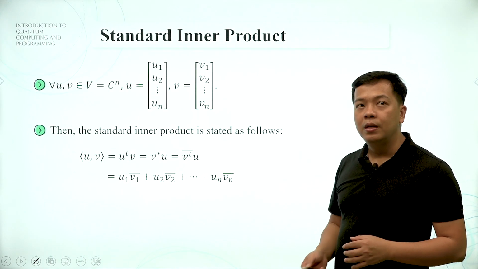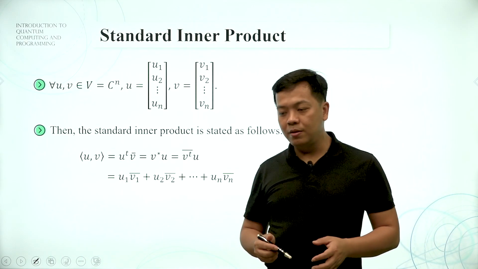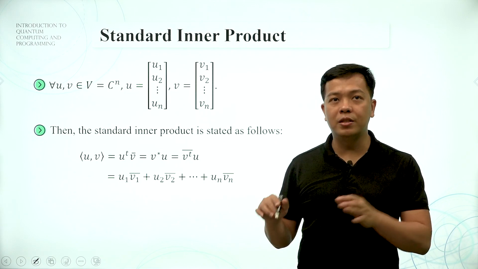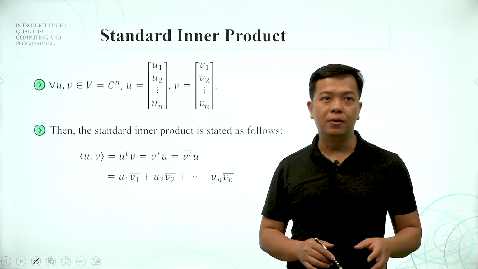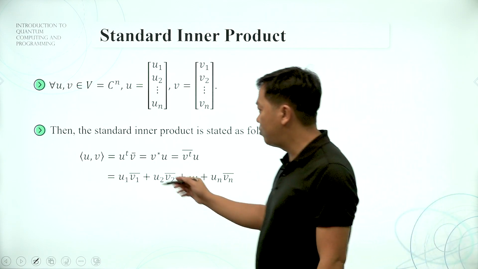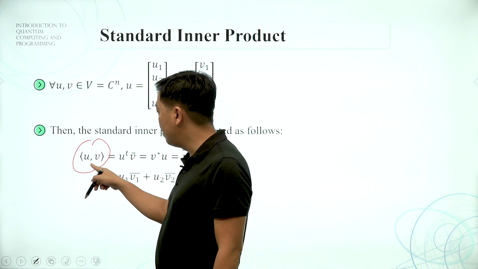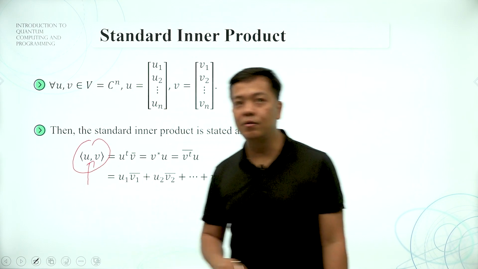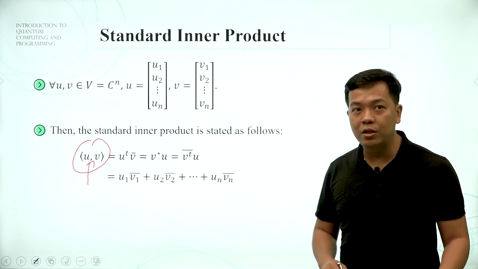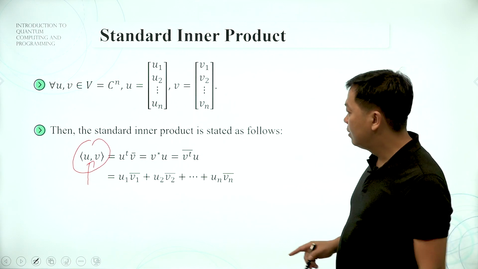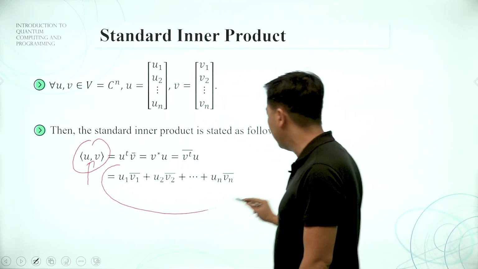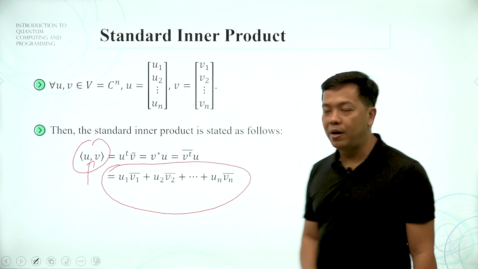After we have this basic knowledge, we can define the standard inner product. What is standard? Over here, standard means the traditional one. After we transform to the standard inner product, it equals a linear combination.